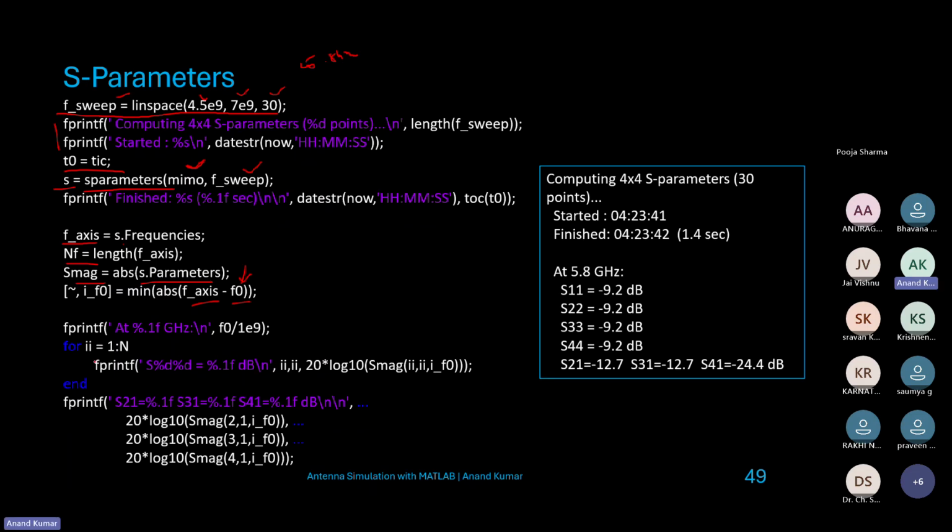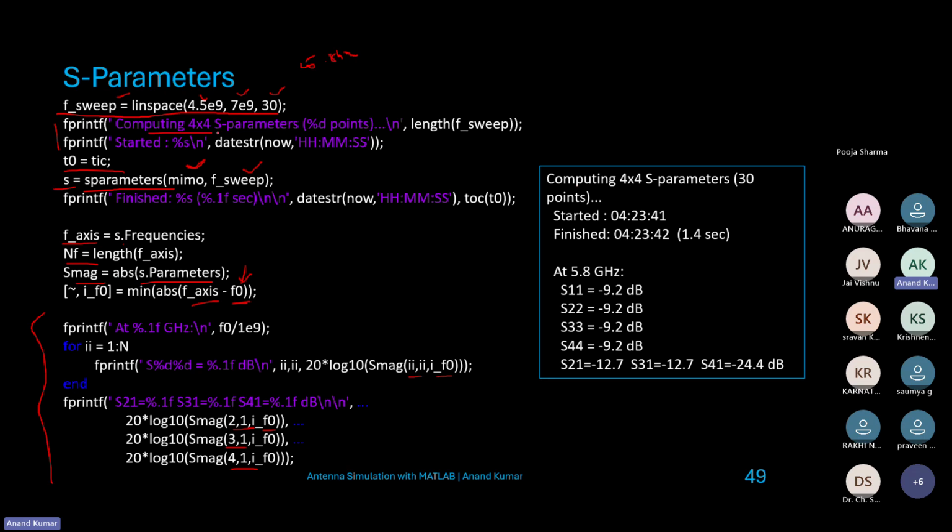Then you can plot the S parameter value at F naught by just using this index. You get S21 at F naught, S31 at F naught, S41 at F naught, and similarly S11, S22, S33, S44 at F naught.